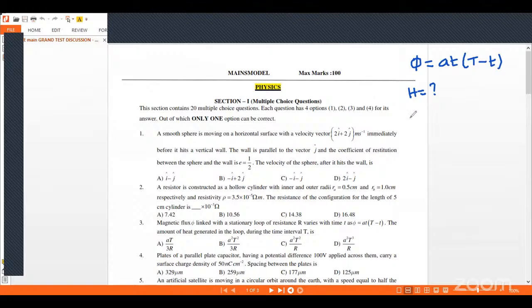Heat generated I can write as I square R T or V square by R into dt. So I'll write as E square by R into dt.